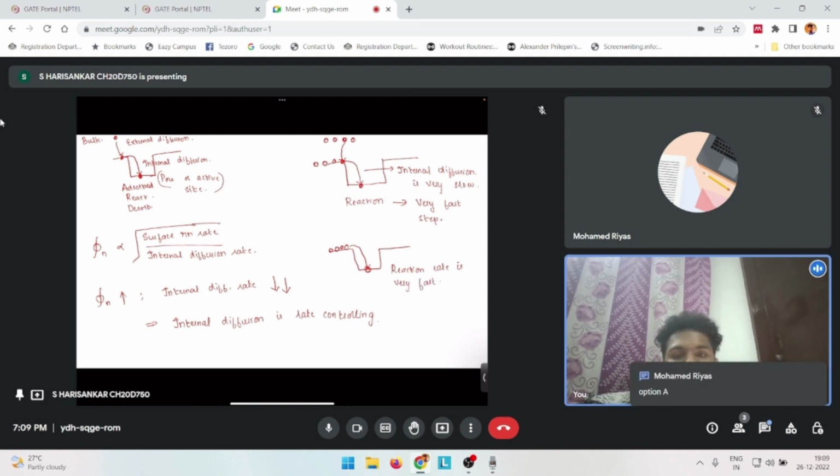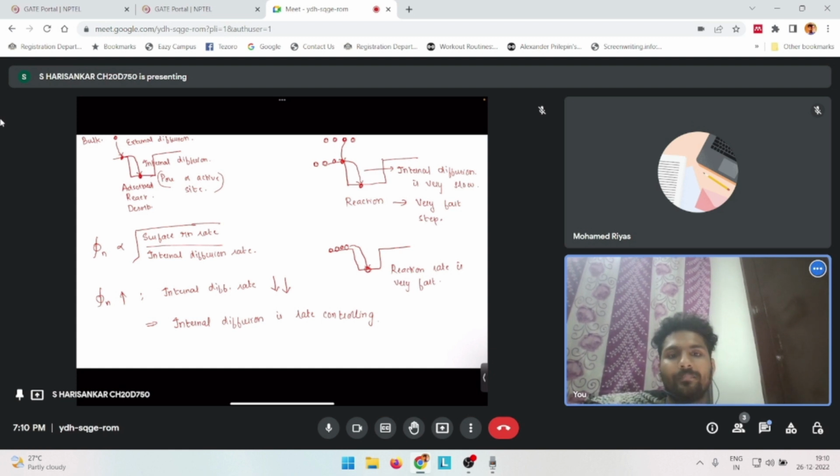So the moment this reactant particle gets adsorbed on the active site of the catalyst, the reaction will happen very fast, and because of this, the particle will basically vanish immediately. So when an observer looks from the outside, they won't see this particle inside.